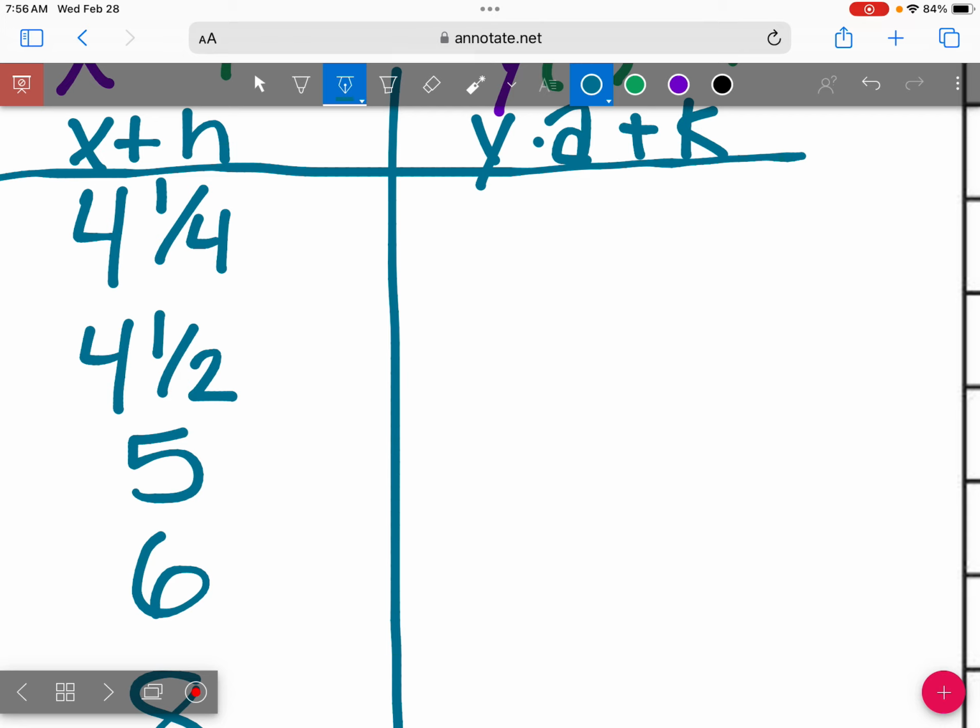The y's are where it gets a little bit harder because we're going to have our -2 times -1, which is +2. +2 plus 1 is +3. -1 times -1 is +1. Plus 1 is 2. 0 times -1 is 0.